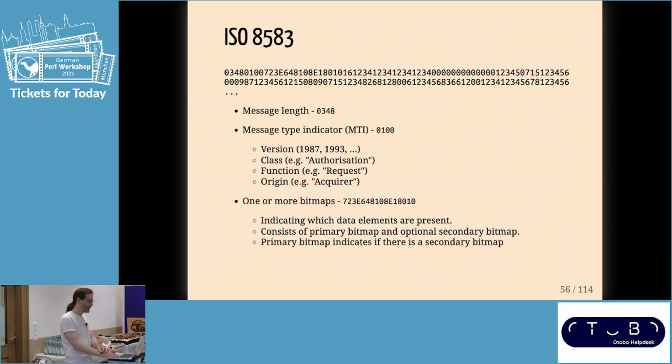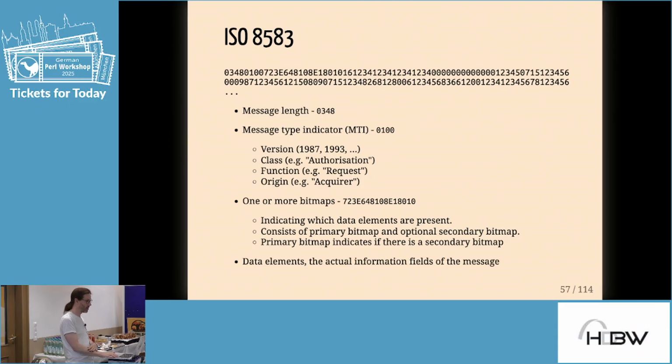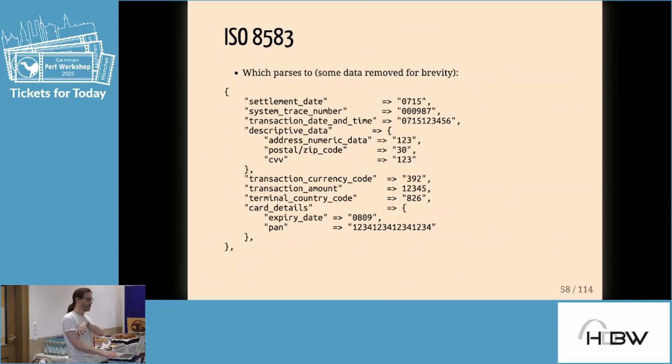And then the key thing here is we have a bitmap. The bitmap describes what fields will be present in the rest of the message. Again, it's a bit opaque just looking at it, but it's pretty easy to parse because of the bitmap. You get all the content of the message, and you can just parse it quite trivially into something like that. I've removed some of the data for brevity.